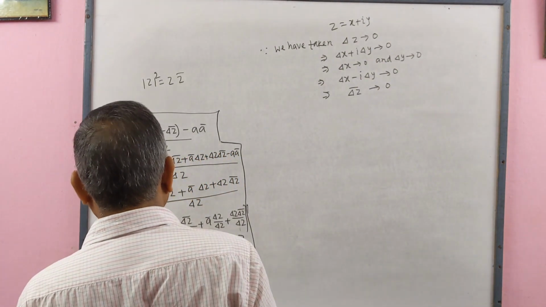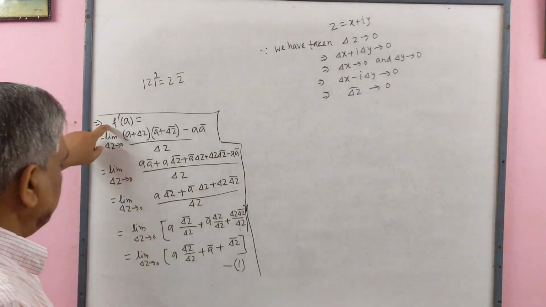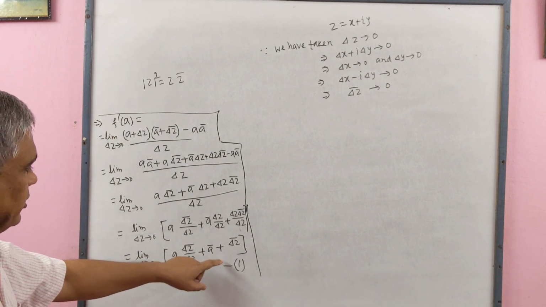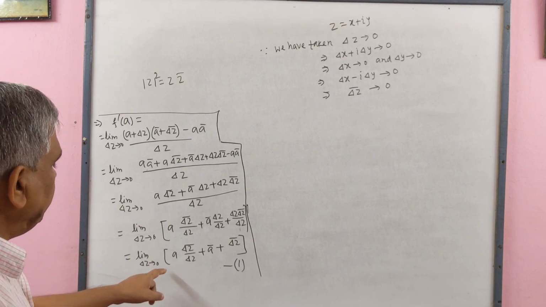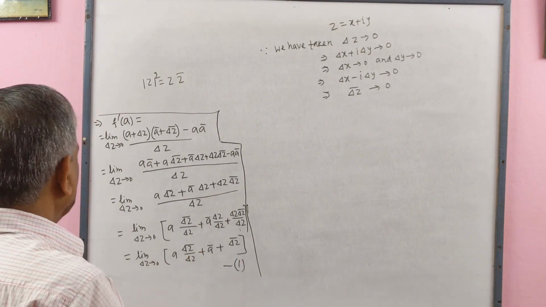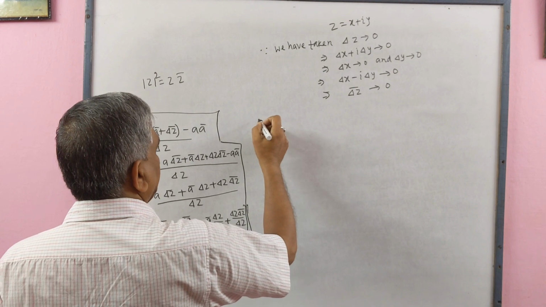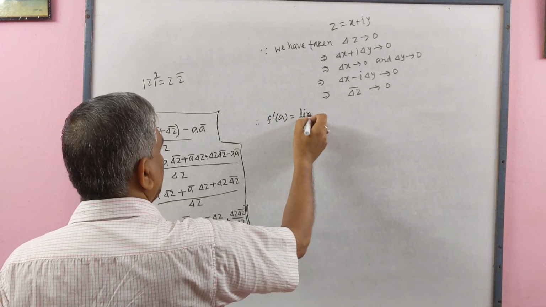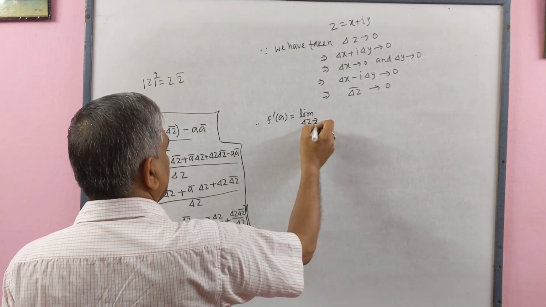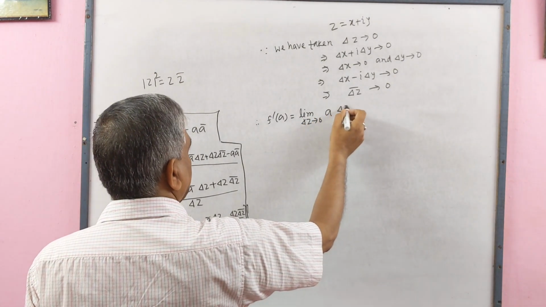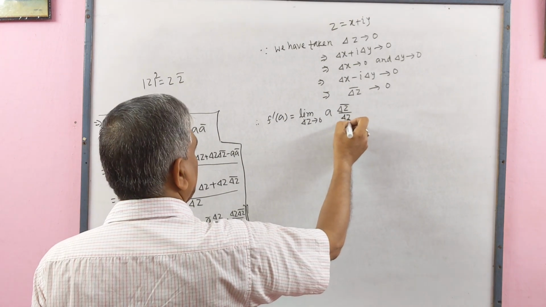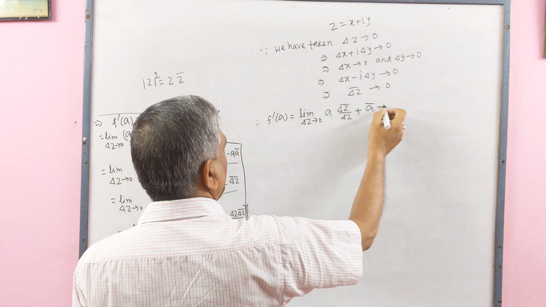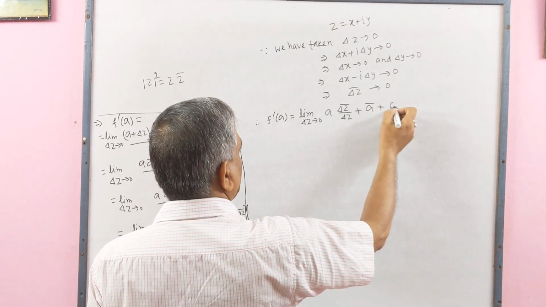So here we see that f dash z equals this quantity. Using the limit of individual terms, therefore f dash a equals limit delta z tends to 0 of a delta z bar by delta z plus a bar, plus this is 0.